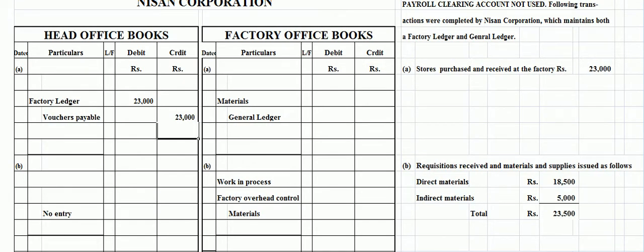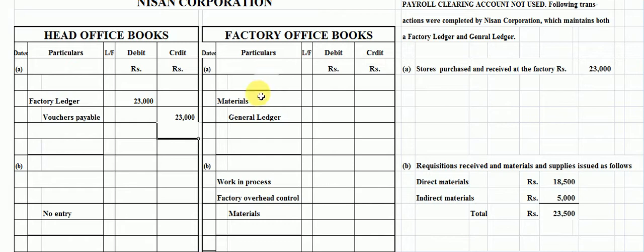Students, voucher payable is credited because the material is purchased on behalf of the factory, and the head office has to prepare voucher payable to clear the payment to the supplier.